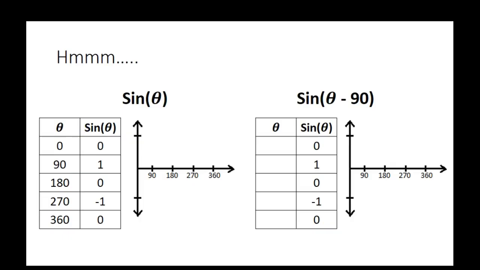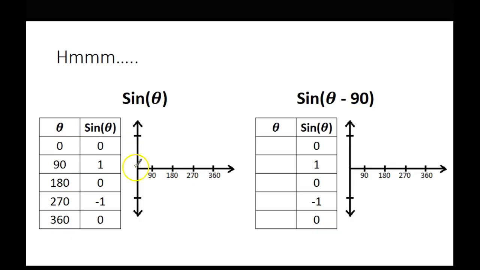Okay, so now we're looking at another one. Same table over here, so I'm just going to rewrite that really quick. That one's staying the same. Let's go ahead and take a look over here. What would I have to plug in for theta so that I get 0? What would I have to plug in for theta here so that I get 90, which would give me 1?